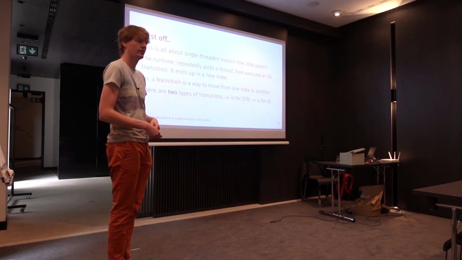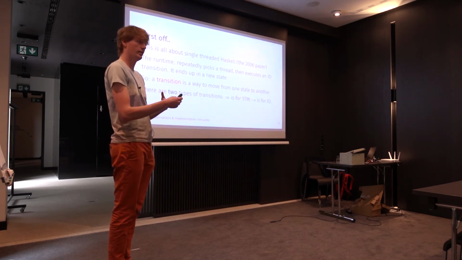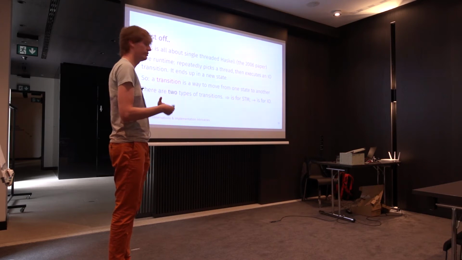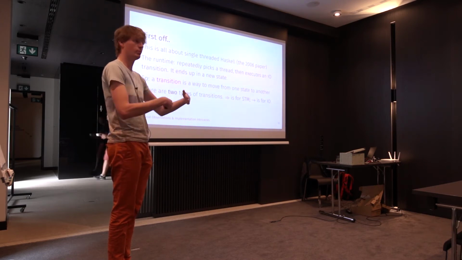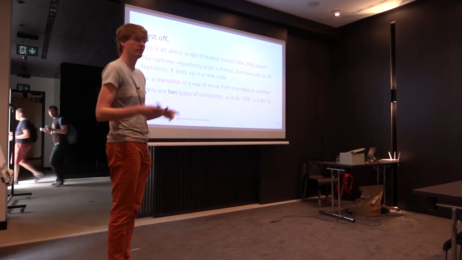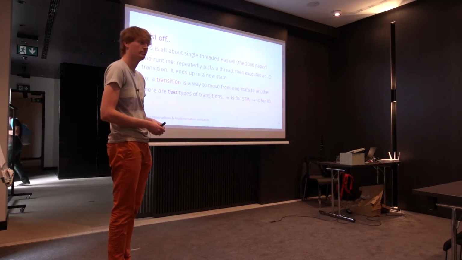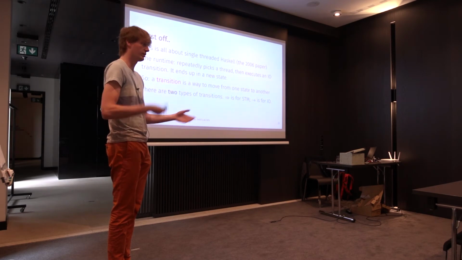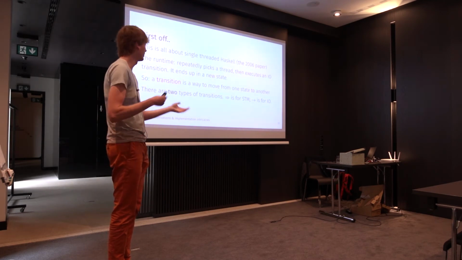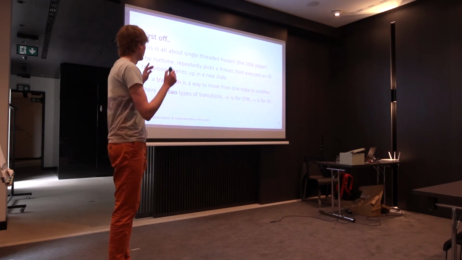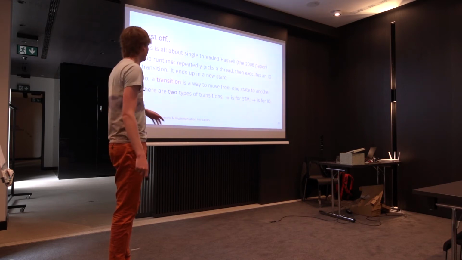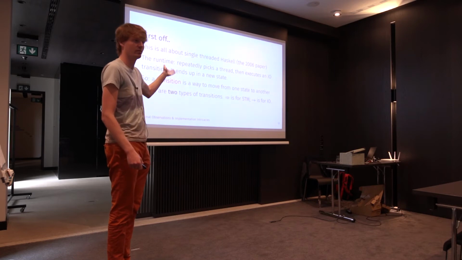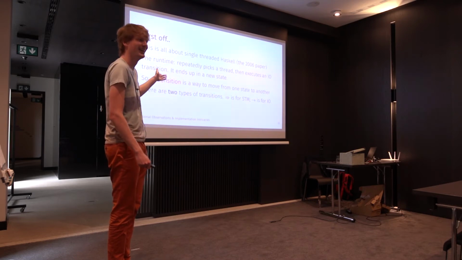That means that STM operations all get executed sequentially, which is different from what I promised you. I promised this concurrent thing where things can happen at the same time. But I can only talk about this operational semantics thing because I copy stuff from the paper, and the paper is about single-threaded Haskell.